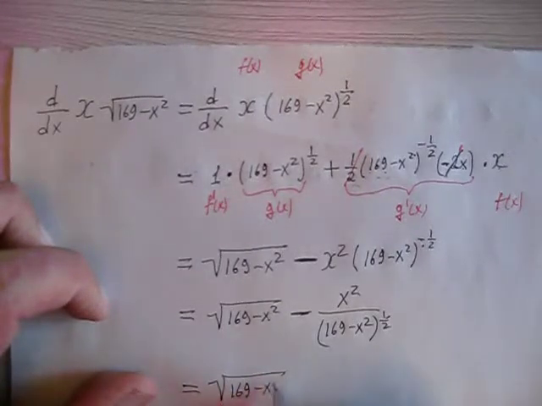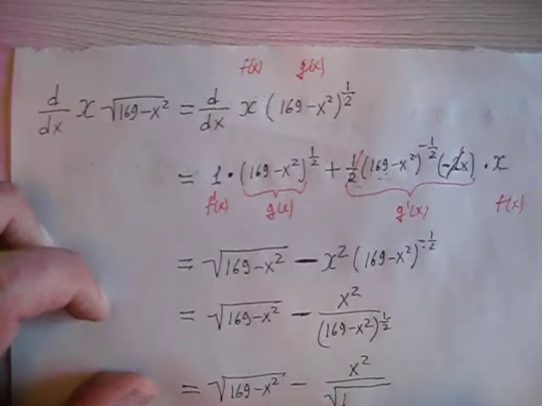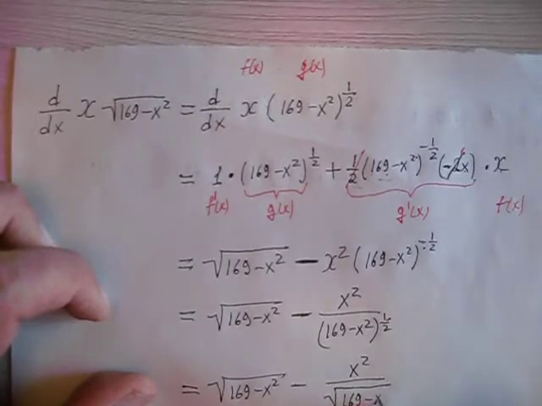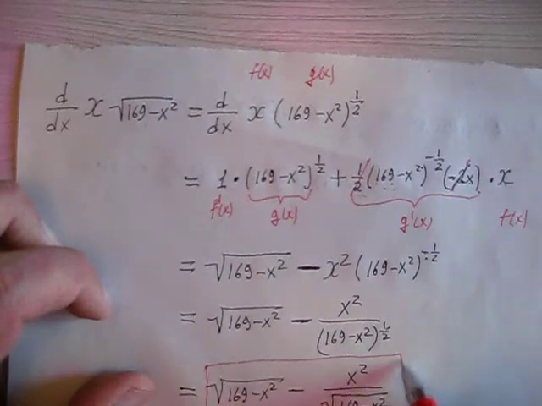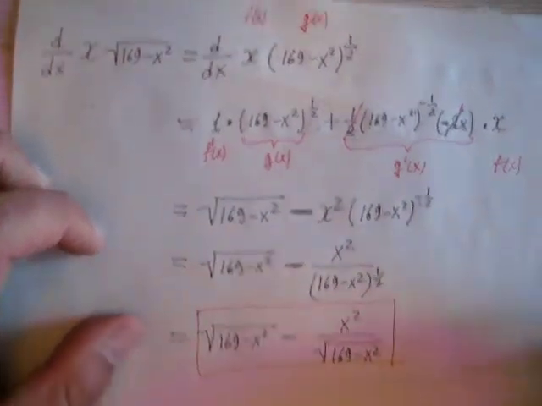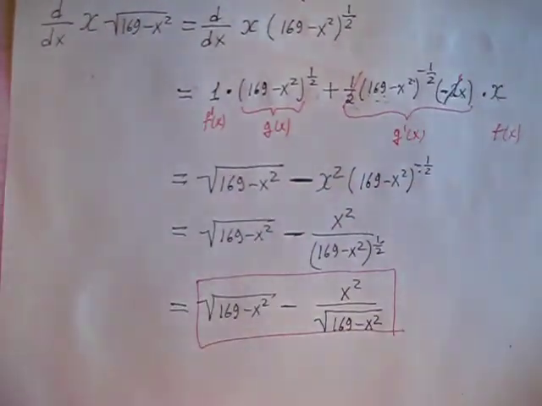The square root of 169 minus x squared minus x squared over the square root of 169 minus x squared, and this is the final answer.